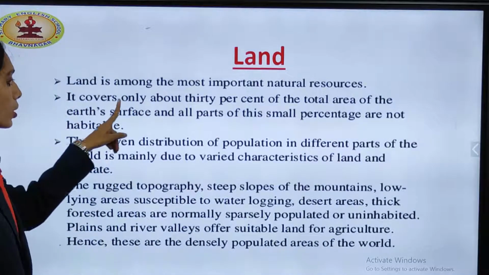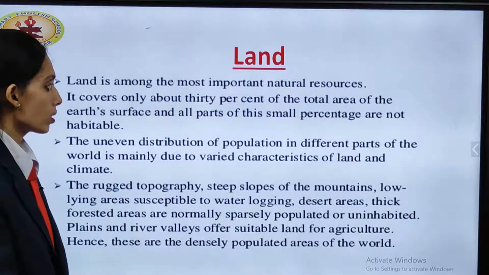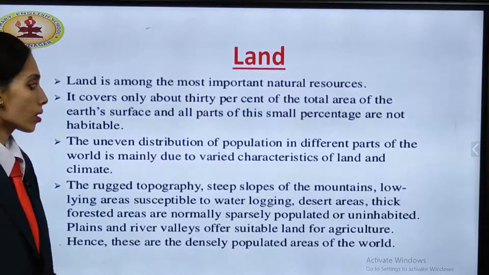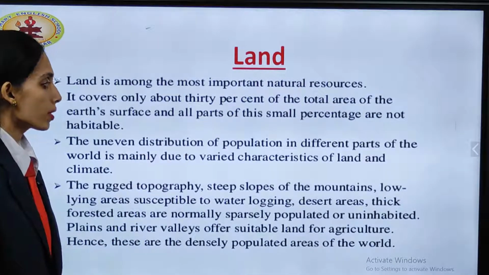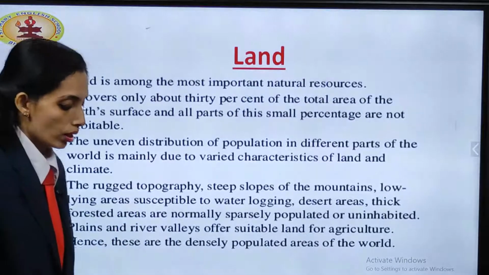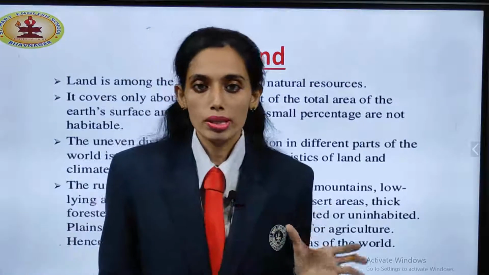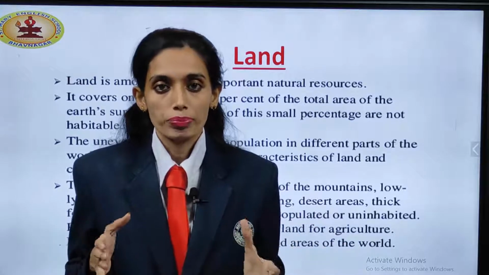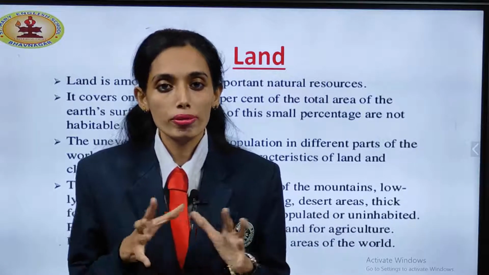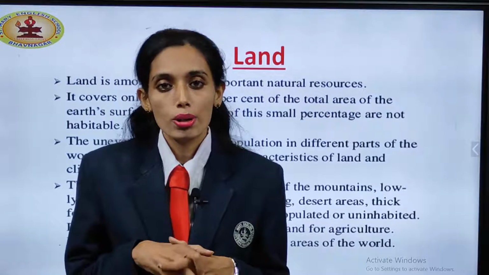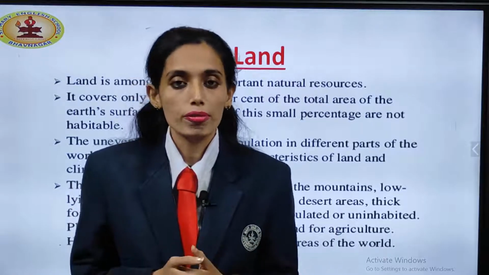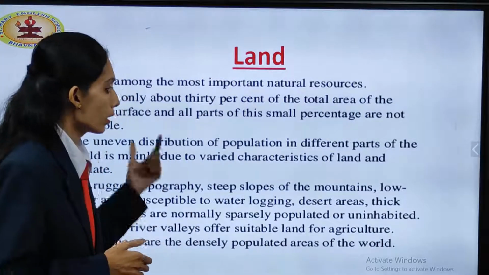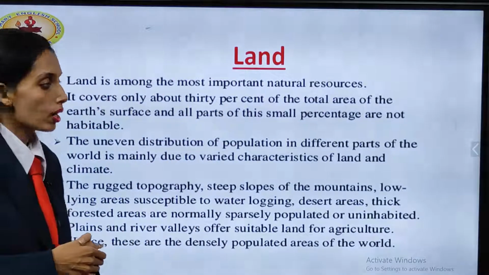Second, it covers only about 30% of the total area of the Earth's surface, and all parts of this small percentage are not habitable. Some of the areas are not habitable because they can be frozen land or desert areas where the living population cannot survive.